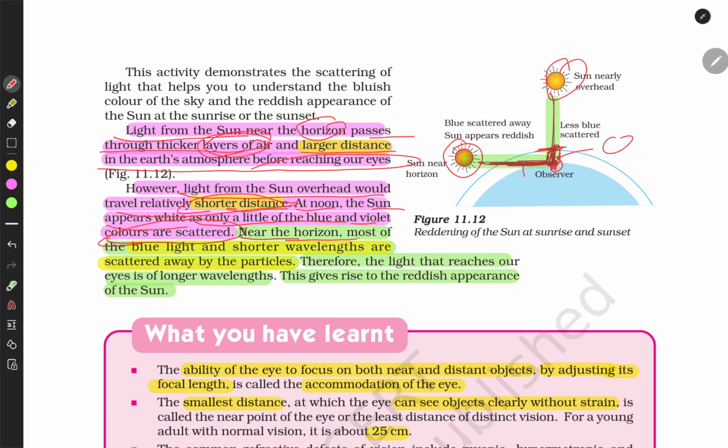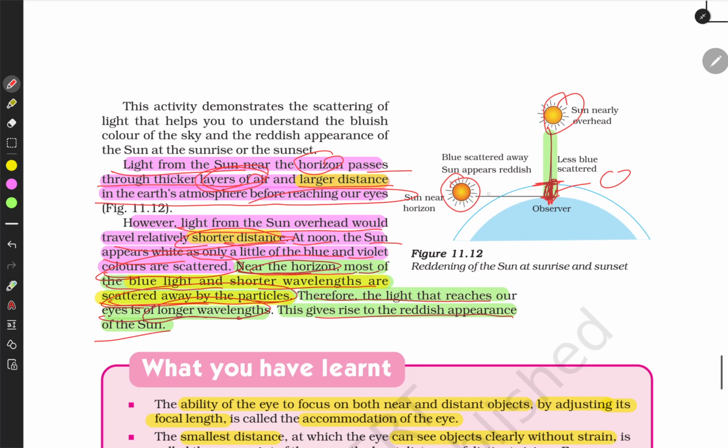So near the horizon, most of the blue light and shorter wavelengths are scattered away by the particles. Therefore, the light that reaches our eyes is of the longer wavelength. This gives the reddish appearance of the sun. The sunlight has seven colors, violet, blue to red.